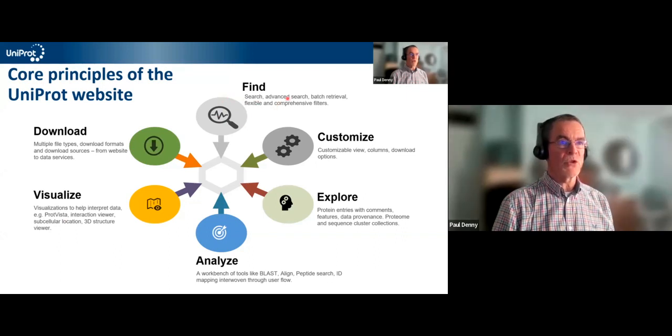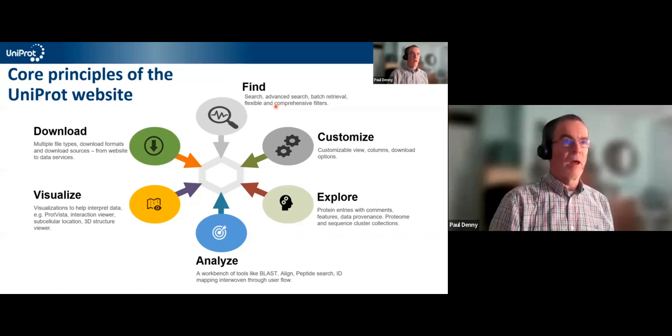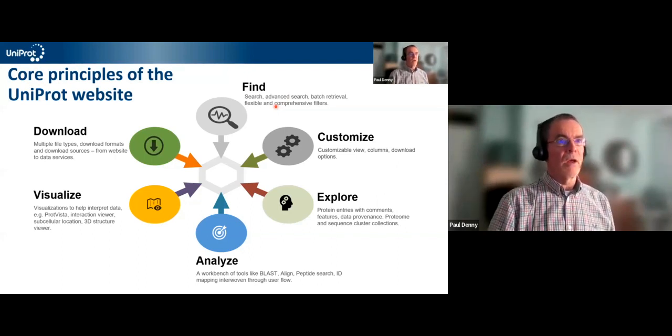There are simple searches, more advanced searches, which I'll talk about later on. And the results of a search can then be filtered and categorized in different ways. And once you've got a protein of interest from the website, there are then multiple ways to customize the view you see on screen, and also how it can be downloaded.